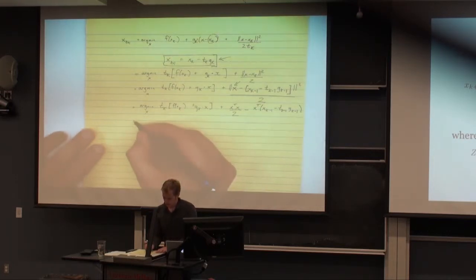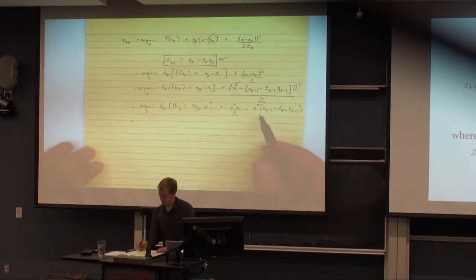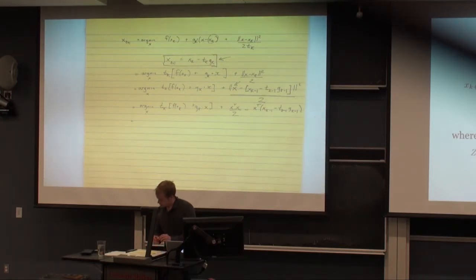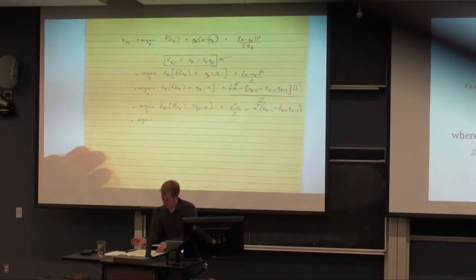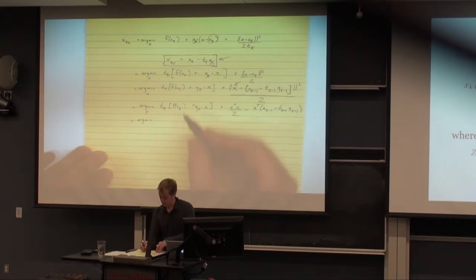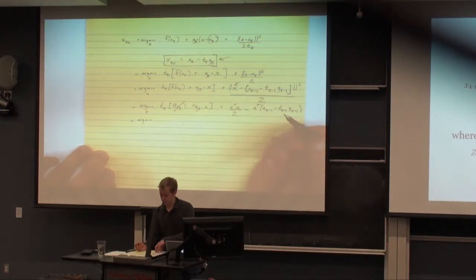So now if we do this forever and ever, until we get down to x_0, let's look at what the terms are going to be here. Technically speaking, this term doesn't matter for the minimization.